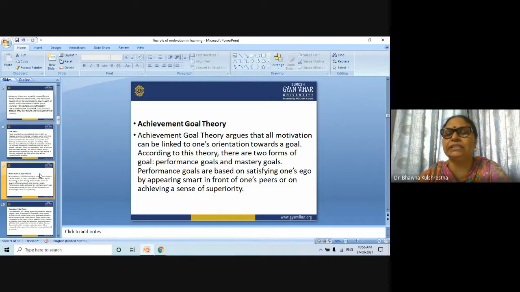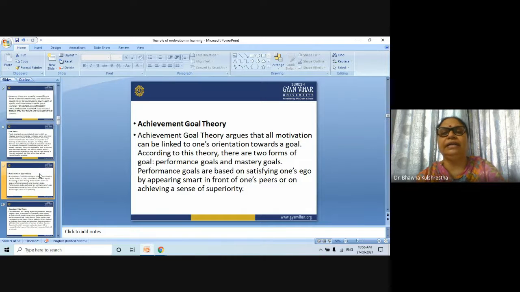As the name suggests, students with approach performance goals actively seek to outperform others, while those with avoidant performance goals actively work to avoid being seen as inferior. While less studied, approach and avoidant orientations also apply to mastery goals as well.